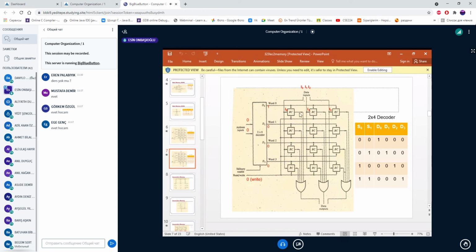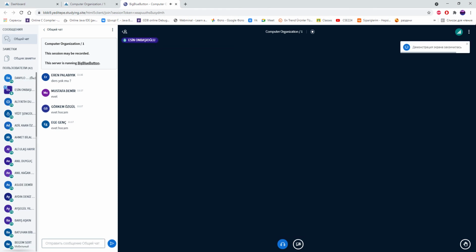Here each word is 3 bits, but as I said, each word can be 8 bits or 16 bits, 32 bits, maybe more if you want. So let's go back to the previous slide.